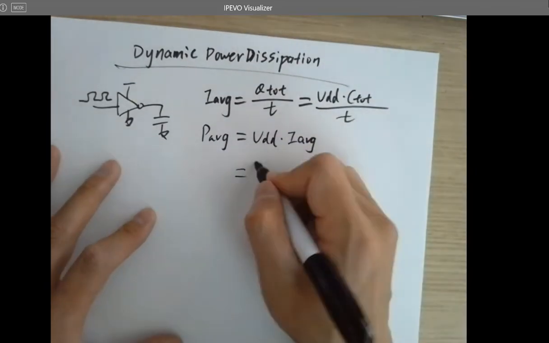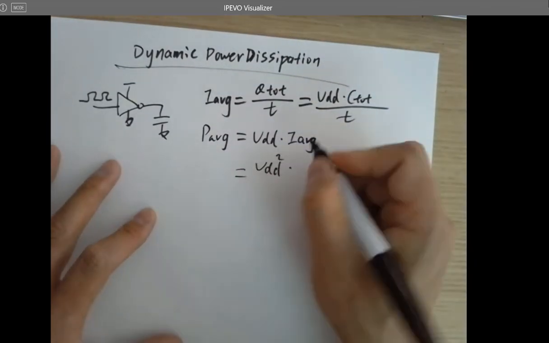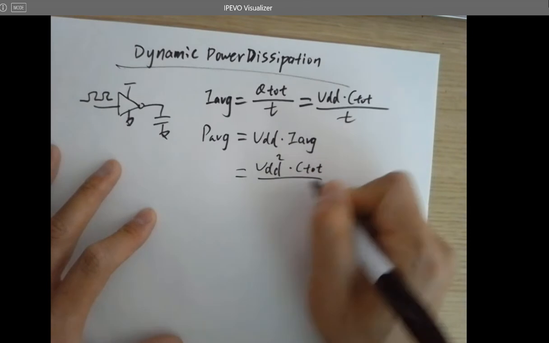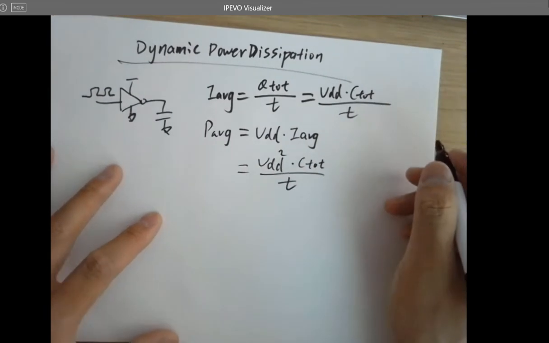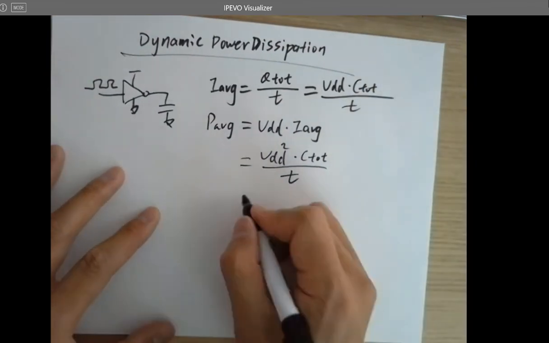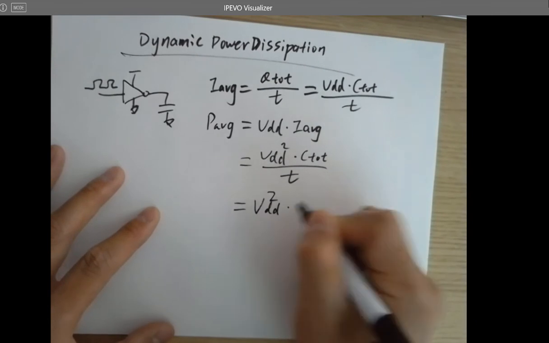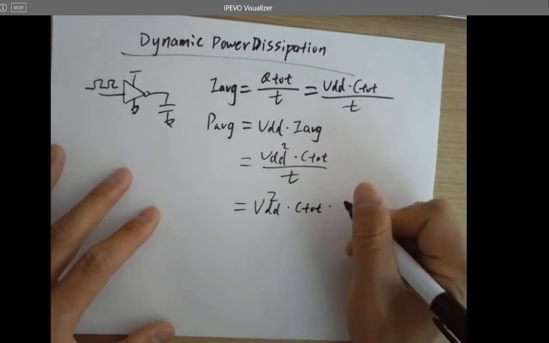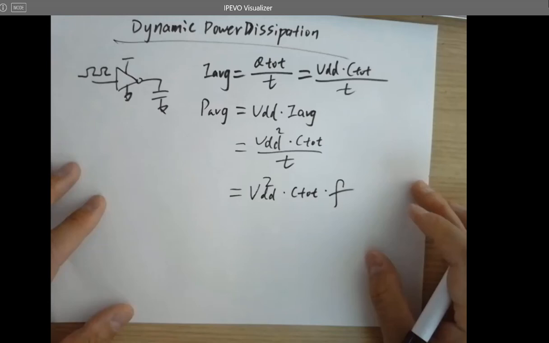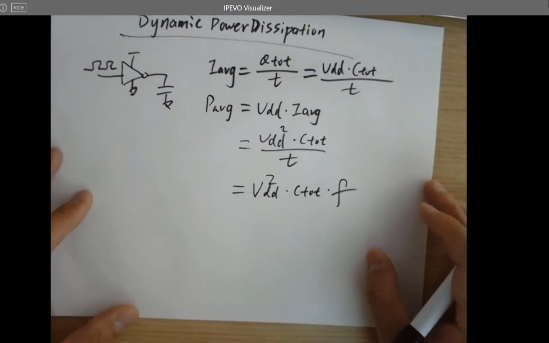which will be VDD squared times C total over T, which is also VDD squared times C total times F clock.